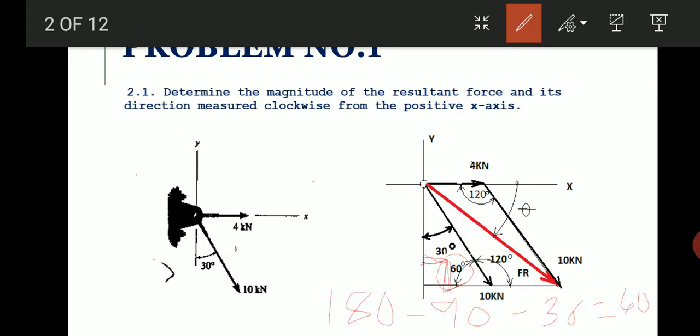Since we get this 60 degrees, by subtracting the 60 from 180, we get 120 here.